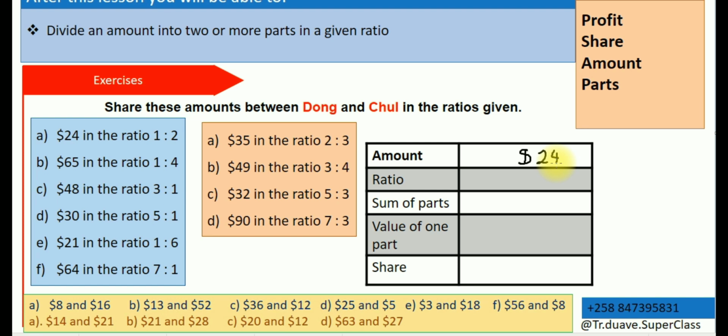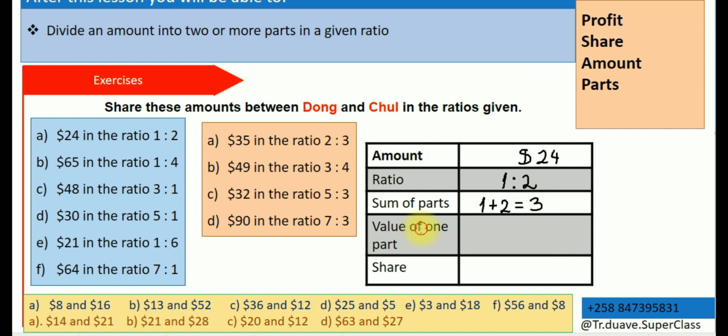The ratio is 1 to 2. The sum of parts: 1 plus 2, we are using these two values here to add them together. The result is 3.